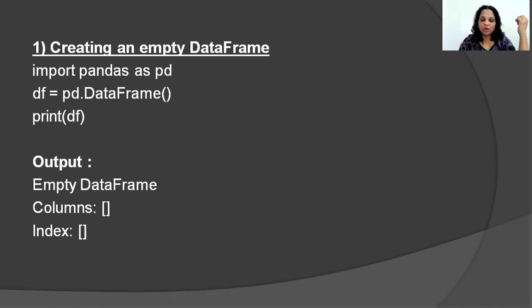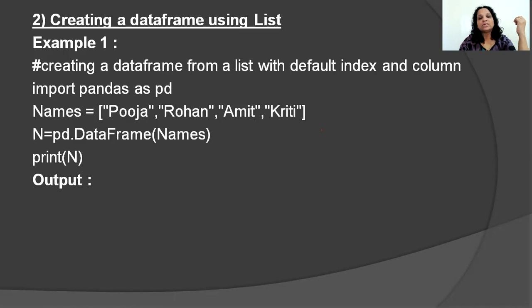Okay, let's learn how to create a data frame using a list. For that, I want you to keep track of this particular line, which is nothing but a list, correct? A list is a collection of elements enclosed within square brackets. Can you see many names enclosed within square brackets? So the names variable in my program is a list.